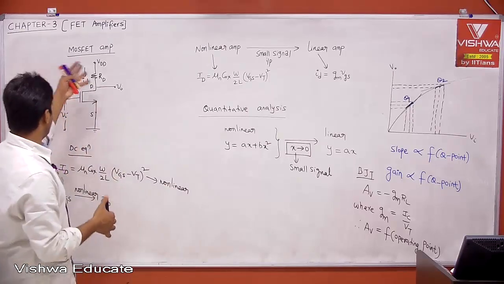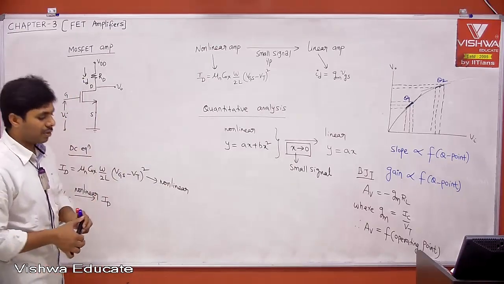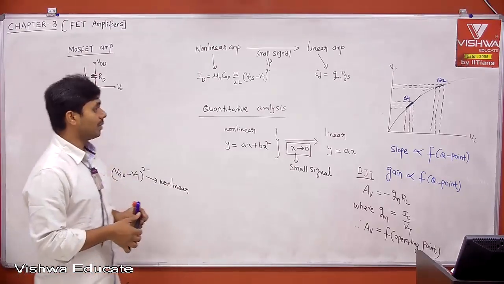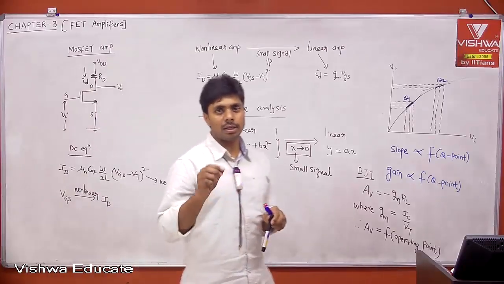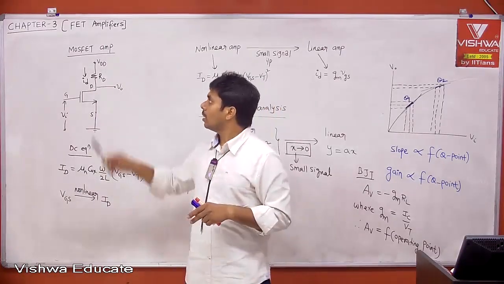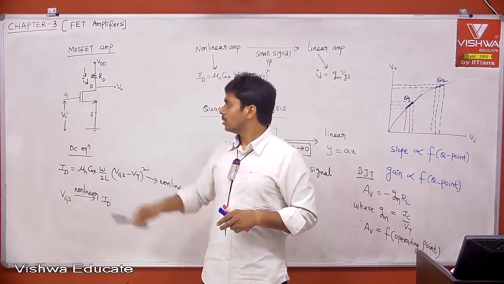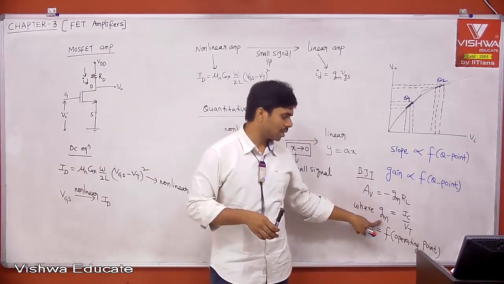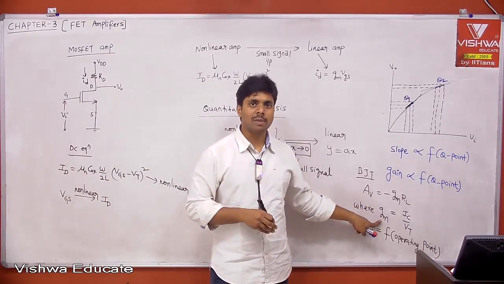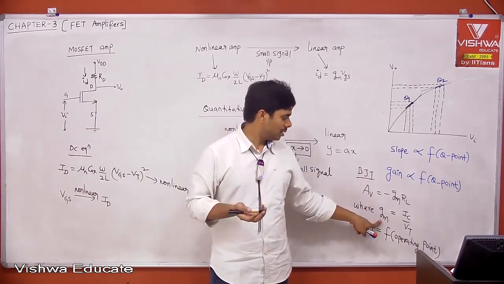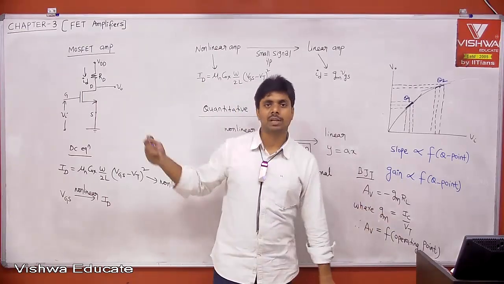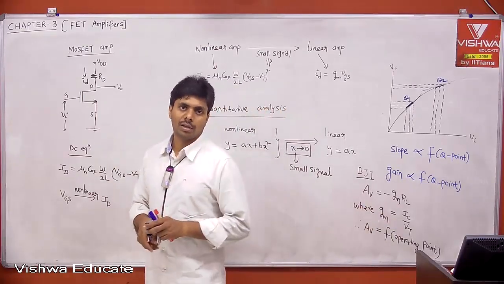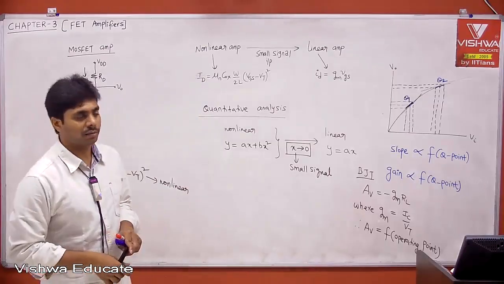Similarly, we need to know what is GM of your MOSFET. Then your MOSFET or FET amplifiers are also over. Only the topic which is left from FET amplifiers is to derive the GM of your MOSFET. I already derived what is GM in the case of BJT from the hybrid pi model, then we got IC by VT. Similarly, what is GM of MOSFET? The formula based on the definition.